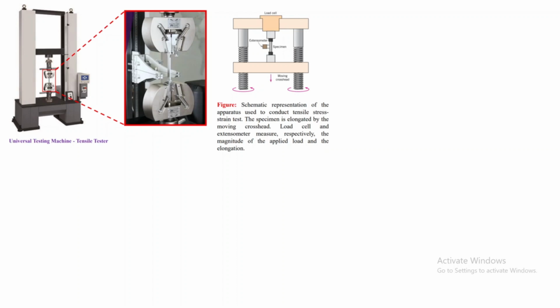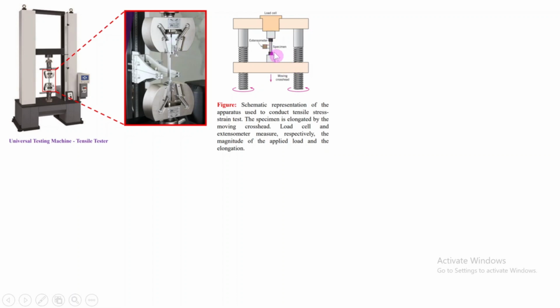This machine is used to apply the external force on the material, and here these two collimeters are applying the external force on this sample. This is the sample, and this is the simple diagram of it.